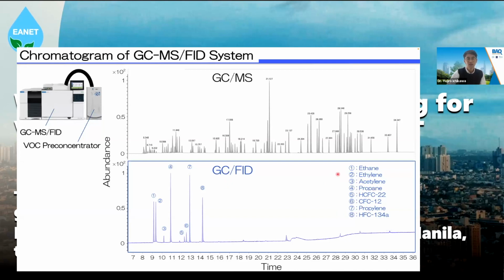These substances are really difficult to separate and detect by GC-MS. So we are using GC-FID, and other components are detected by GC-MS. And we are obtaining good separation and good accuracy for this chemical analysis condition.